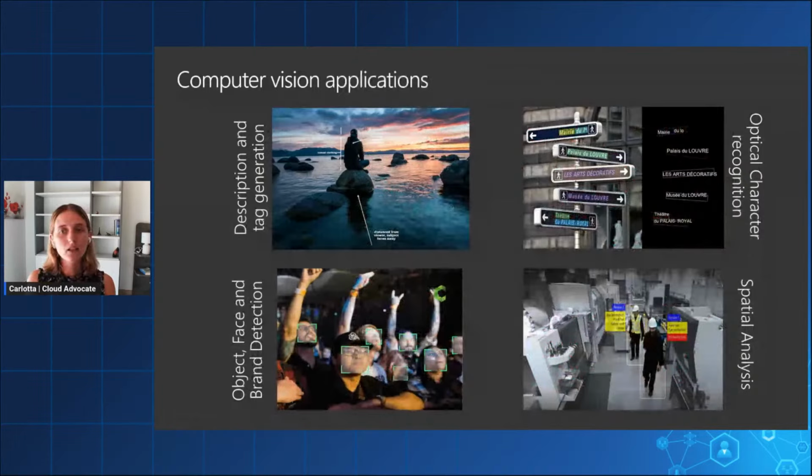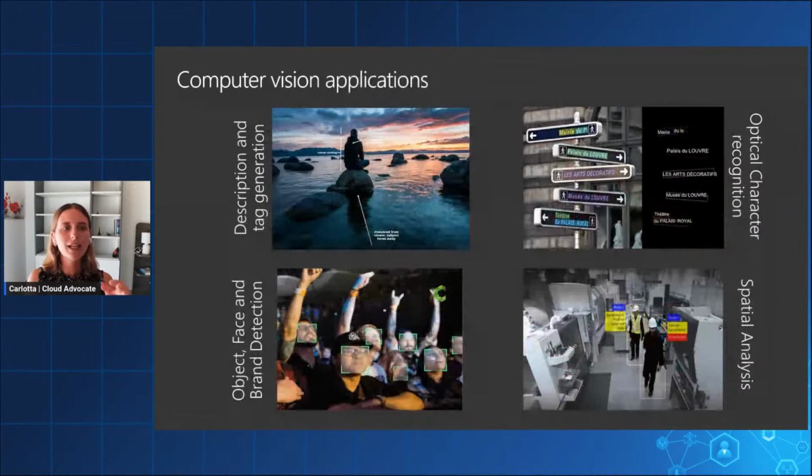Then another classical application is optical character recognition, which enables the model to extract text from an image. It could be handwritten text, could be typewritten text. And then another application is spatial analysis.